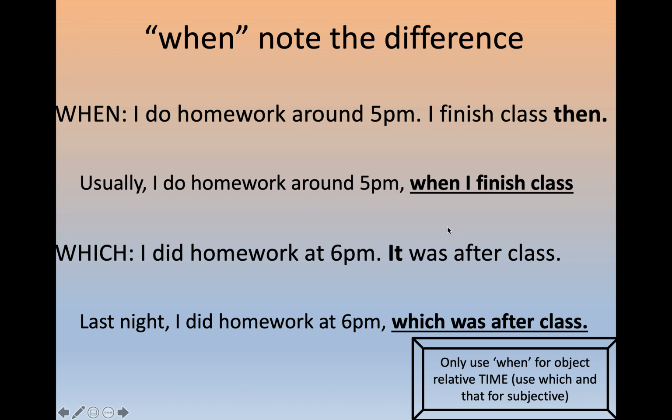That's because we only use the word when for object relative time. We don't use the word when for subject relative time. We will use which when it's the subject and when it's the object. I hope that makes sense. See the difference?